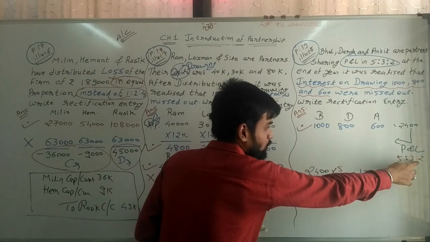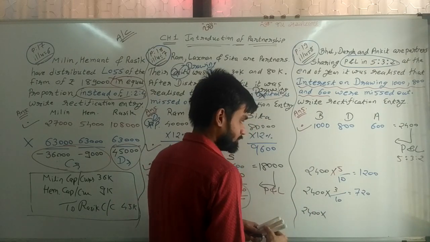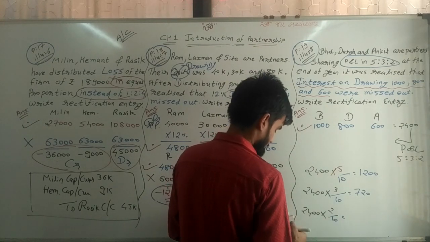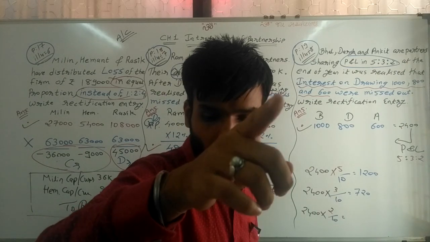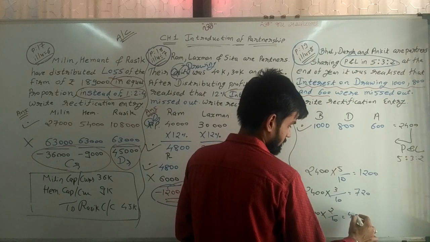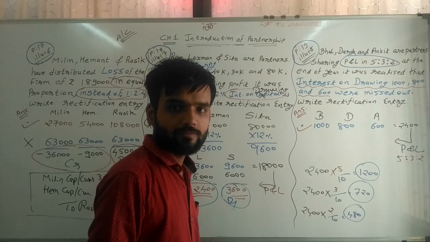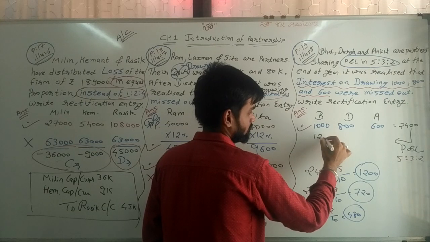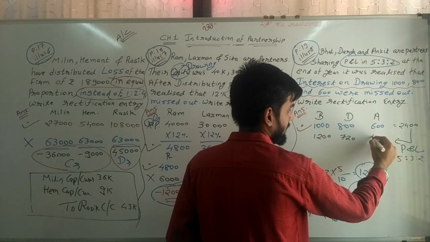And for the last one, 2400 into 2 divided by 10, then 480 rupees. So these are the P&L ratio distribution: 1200, 720 and 480.